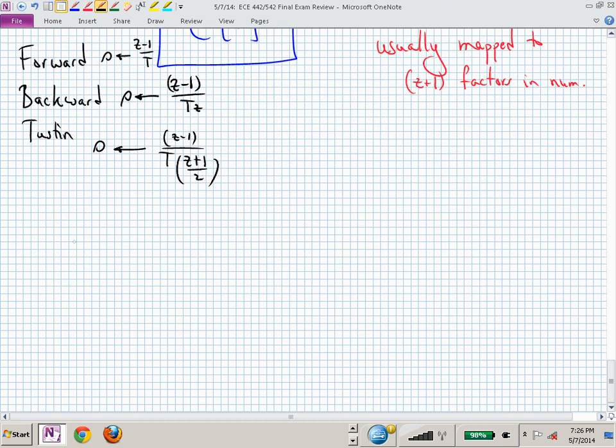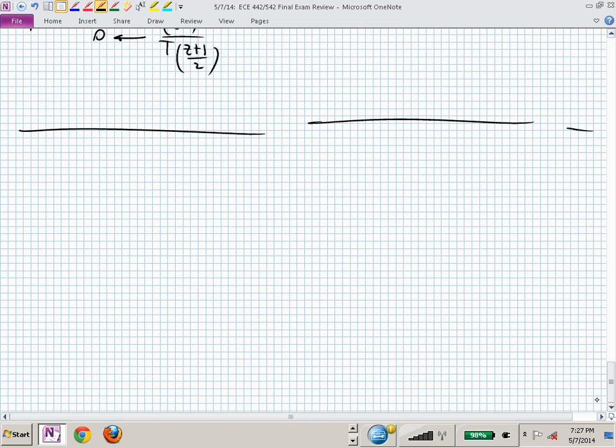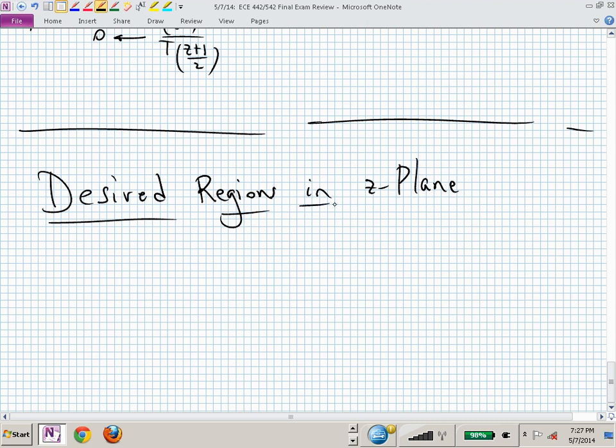Desired regions. Now that we know how to model and transform things between s and z, we need to be able to go back and forth in this context between performance specifications to z-plane pole locations, or from z-plane pole locations to performance specs.